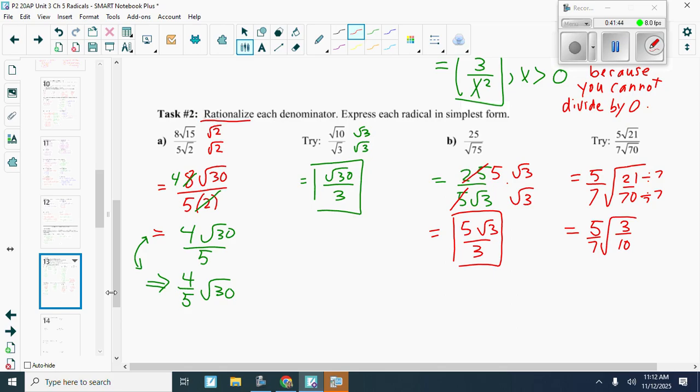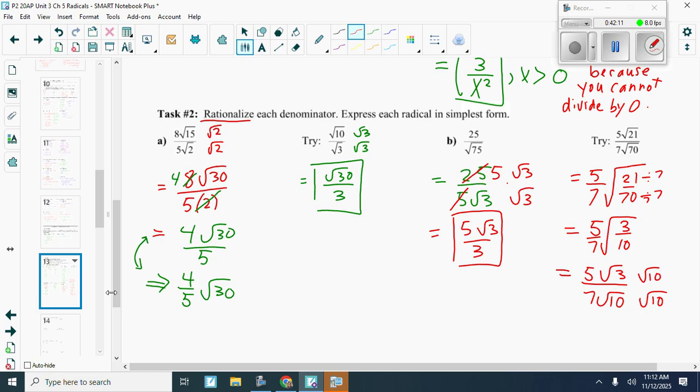Now to rationalize this, I'd have to separate them back out again. So I'd have the root 3 and put the root 10 back again. You can really see that there's a square root of 10 on the denominator, and that's what I have issues with. You don't have to multiply by the whole denominator, only the radical part, because we don't have any issues with the 7, just with the root 10.